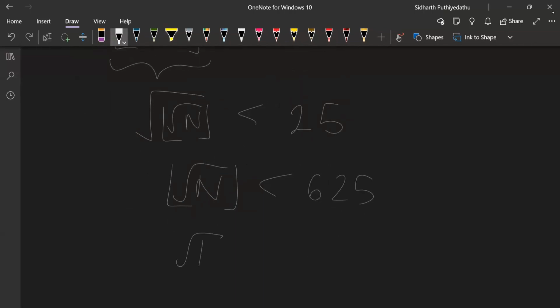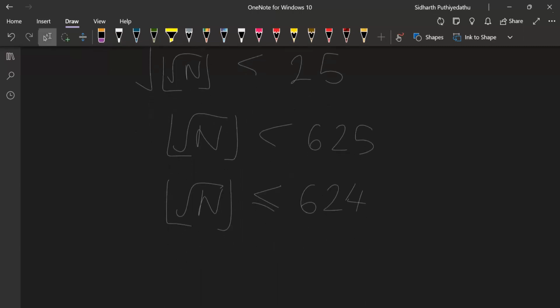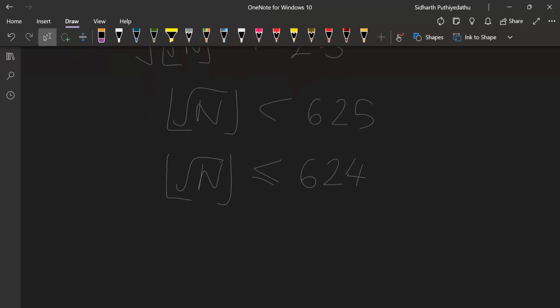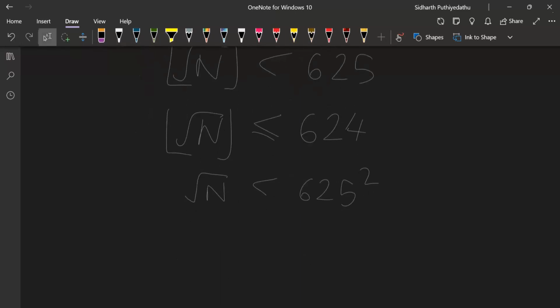So then now we're at our last step. Floor of root n is at most 624, because again, the floor function gives out an integer. Same argument again, root n has to be less than 625.